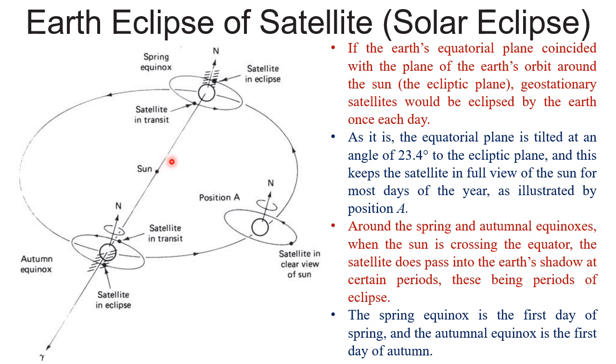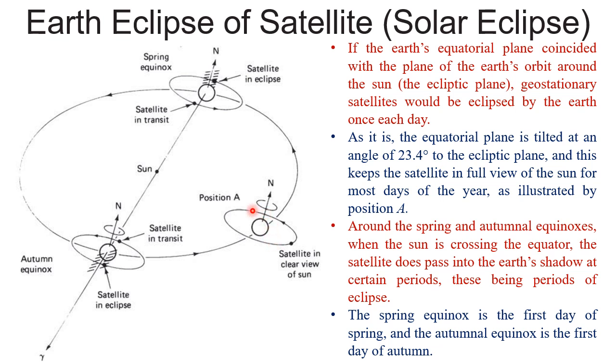It is tilted at an angle of nearly 23 and a half degrees, 23.5 degrees. We are considering the geostationary satellite, and the satellite is actually revolving in the equatorial plane of the Earth, right?